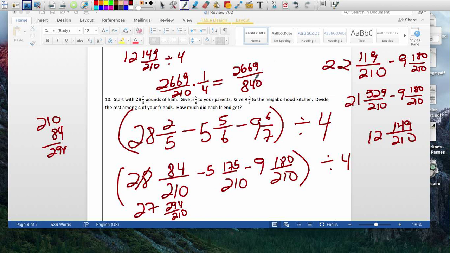So if you simplify and change this to a mixed number, it's going to be 3. 840 goes into 2,669 3 times, and the leftover is going to be 149 over 840 of a pound. So this is how much each of your 4 friends will get. I promise you, you will not get a problem with this ridiculous of a number.